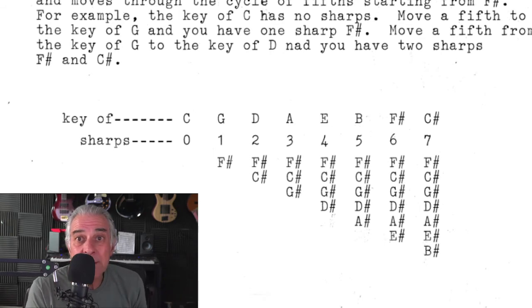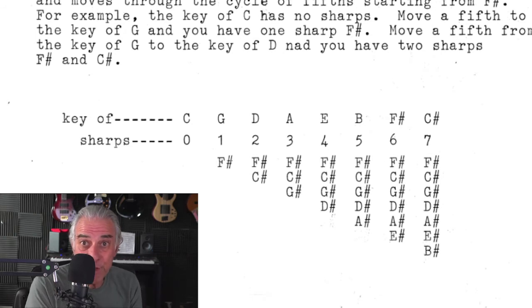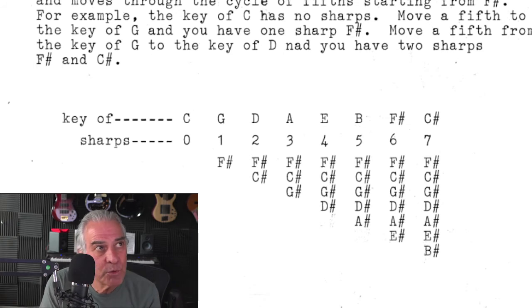So in the key of A, we've got 3 sharps, F sharp, C sharp, and G sharp. G sharp is a half step away from A, which makes it a major 7th, and that's where all our new sharps land, going through the circle of fifths in each new key.